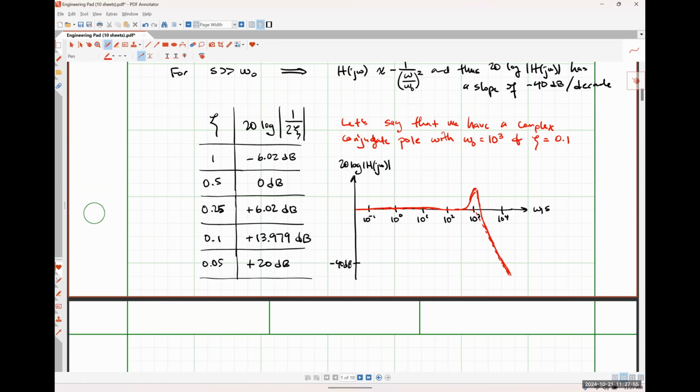And it's still going to start the transition roughly at 1/10 of omega naught and end the transition from 0 to 180 at 10 omega naught. Slope right here is negative 40 dB per decade.